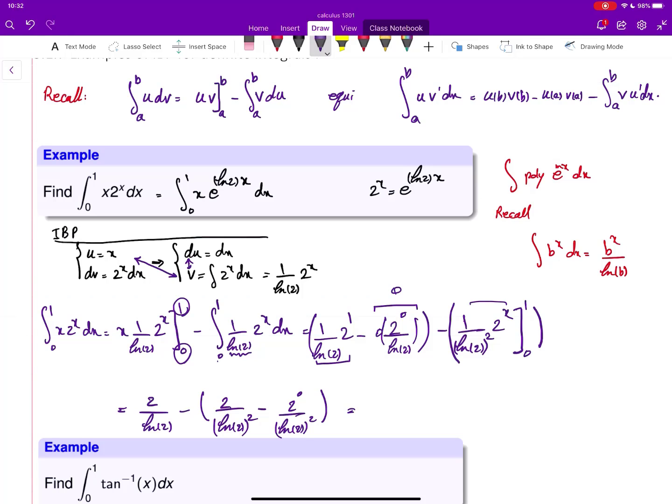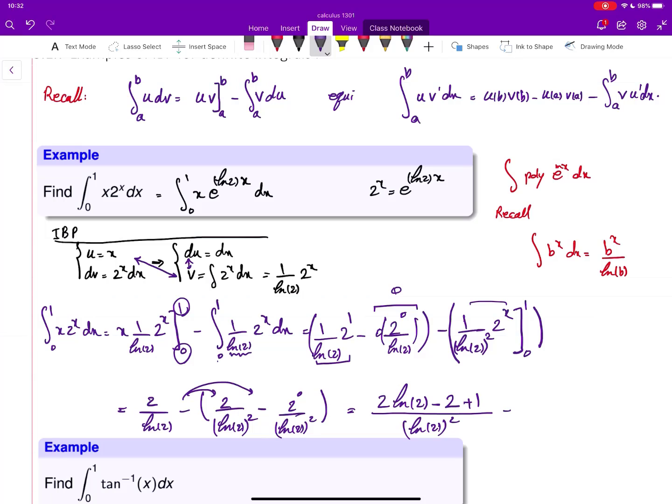I can find the common denominator; these kinds of simplifications you are supposed to be able to do. This will be 2 ln 2 minus 2, and the minus needs to be multiplied both there and there, plus 1.